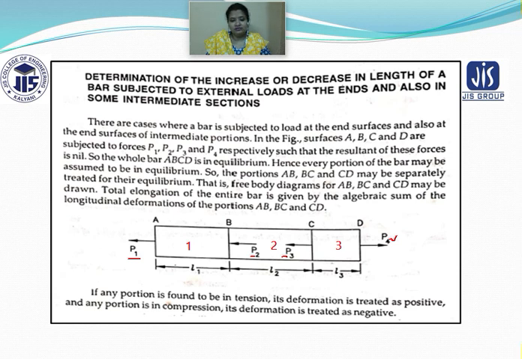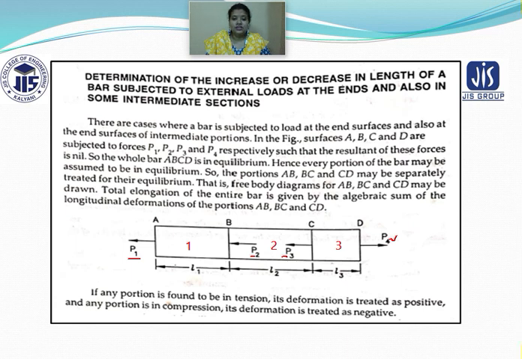But at the same time, if you look at the C portion, P3 is a different load, and it has also been given as tensile. Now you have to calculate in what respect you are calculating it.